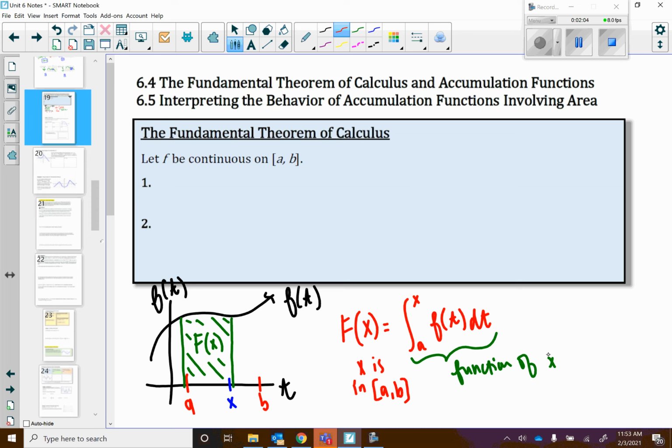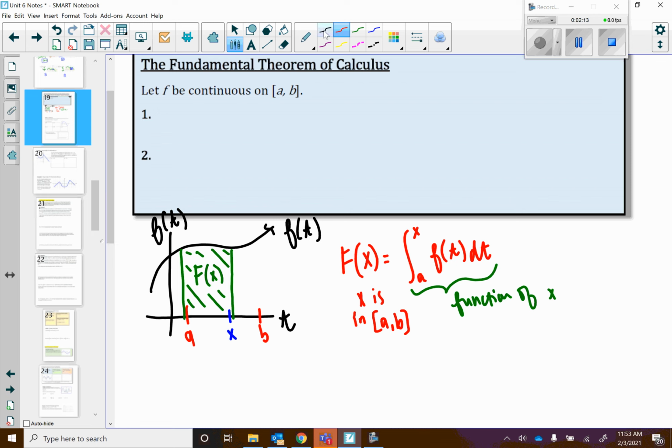Now, the fundamental theorem of calculus goes a little further to say, hey, if we take the derivative of this function, capital F of x, and if I do something to the left side of an equation, I have to do something to the right side.